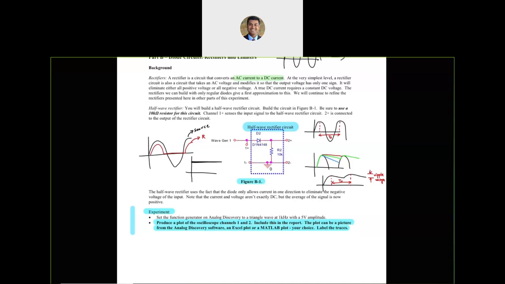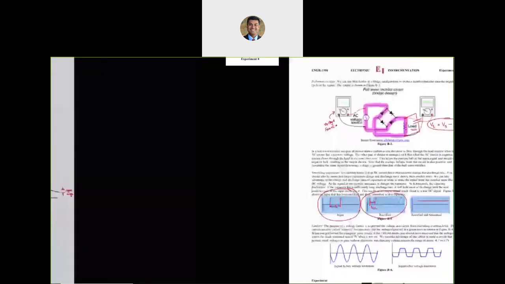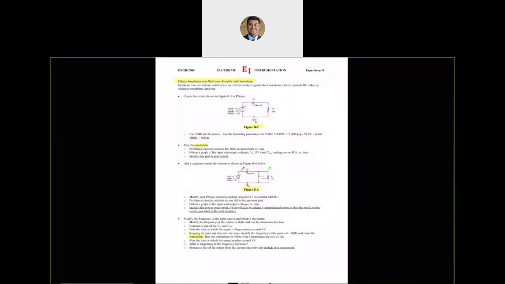Notice I have followed a pattern in experiment 8 where whatever is highlighted with blue is essentially the circuit building component, which I will be doing, and whatever is highlighted in yellow is a PSpice component to experiment 8, which you will be working on by yourselves.